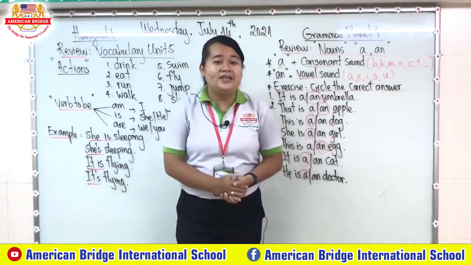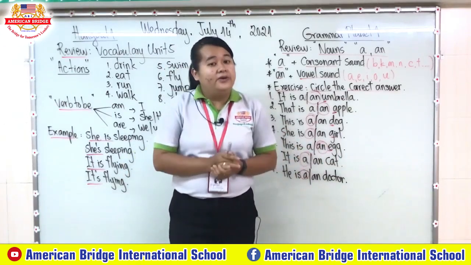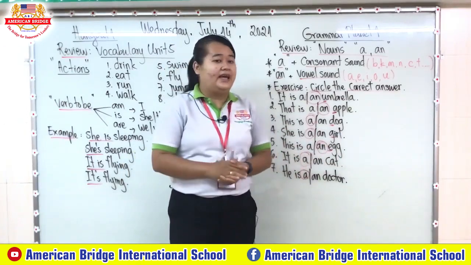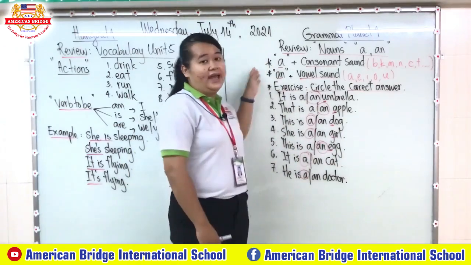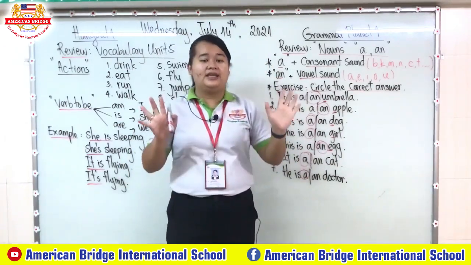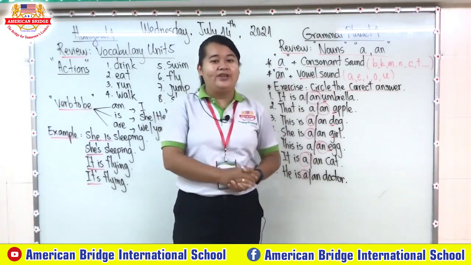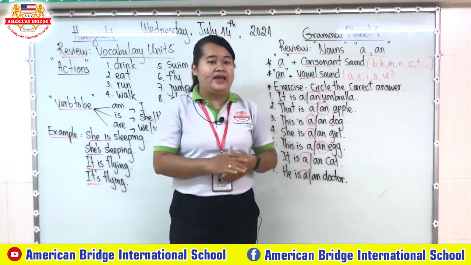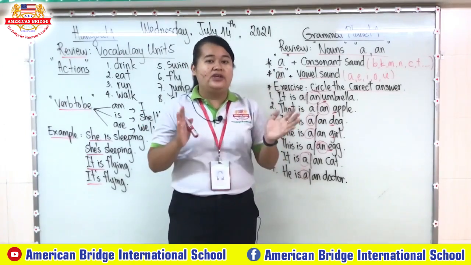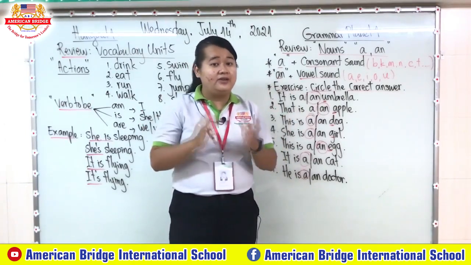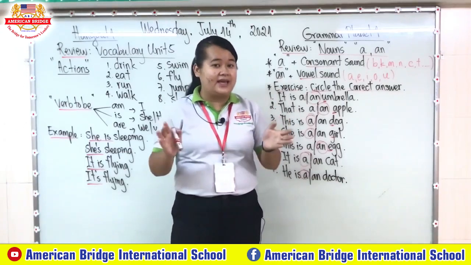Okay, so teacher wants you to create your own sentences using a and an, right? Teacher wants 10 sentences that you need to write down in your notebook, and when you finish, take a photo and send it to your teacher, right? So don't forget to do it when you finish our second video.